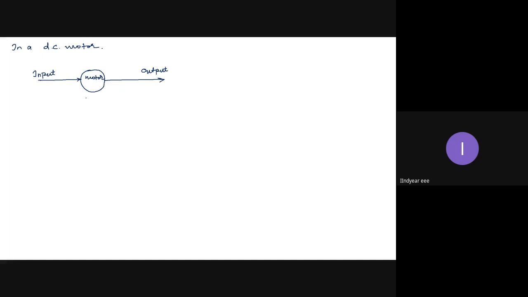Out of the input, the machine will incur some losses. There are three types of losses. One is copper loss.